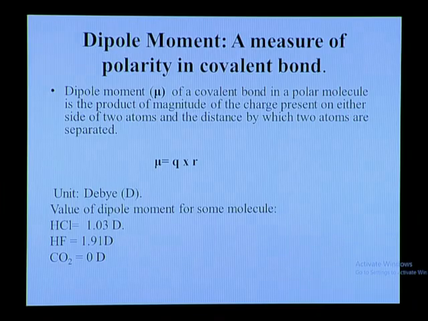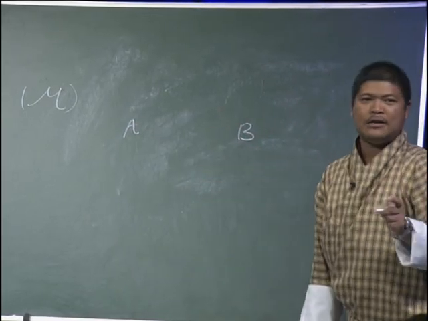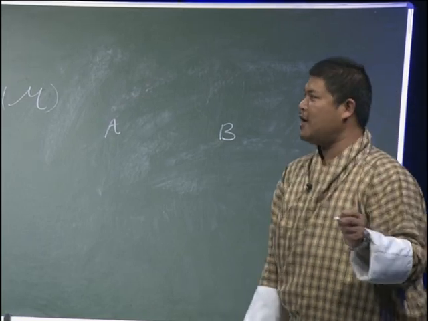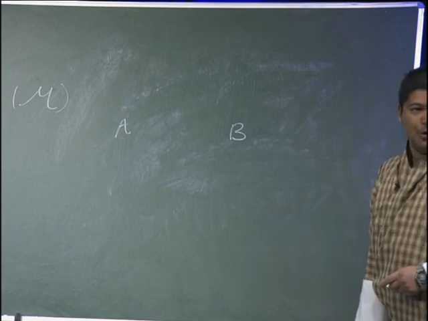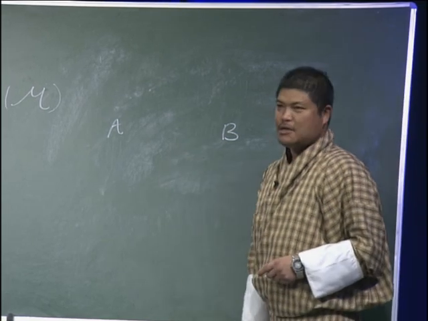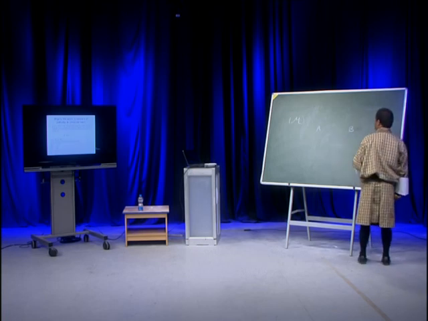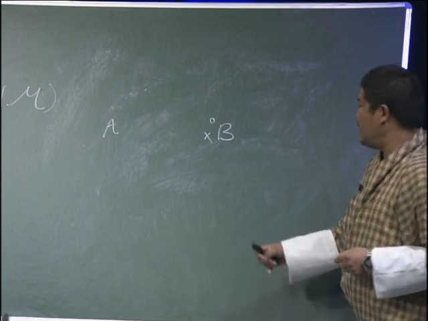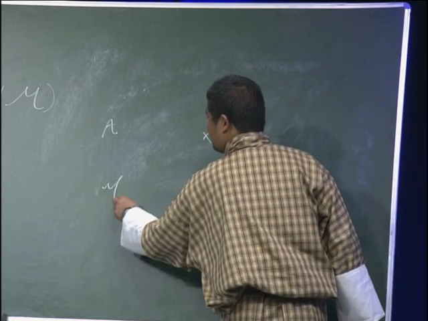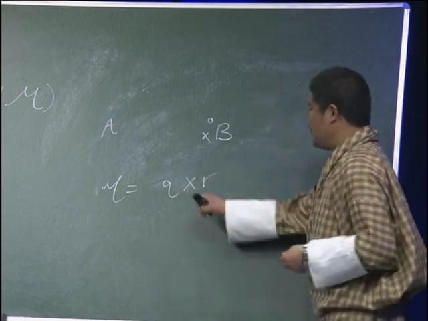the distance by which the two atoms are separated. So here A and B. Here we are talking about the formation of a polar covalent bond. We know that in a polar covalent bond, the shared pair of electrons is more towards the more electronegative atom. Here B is more electronegative. So the value of mu is equal to Q times R. What is Q?